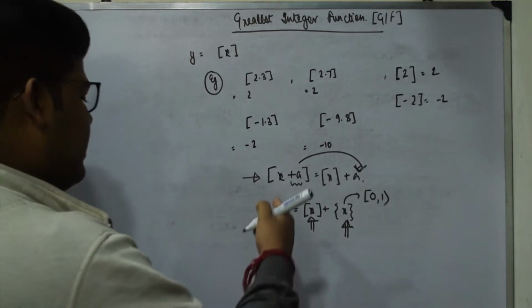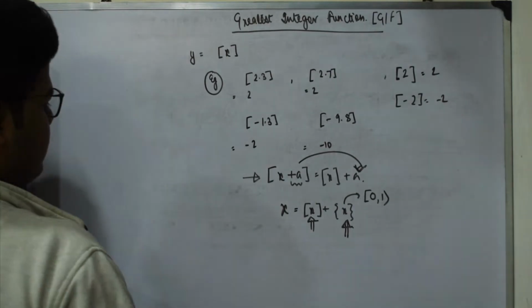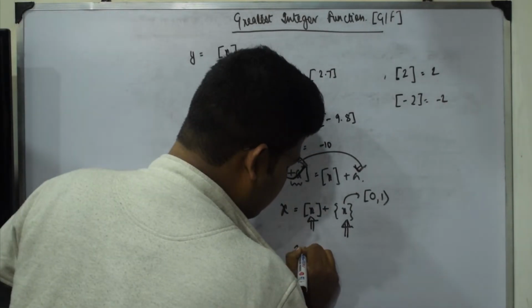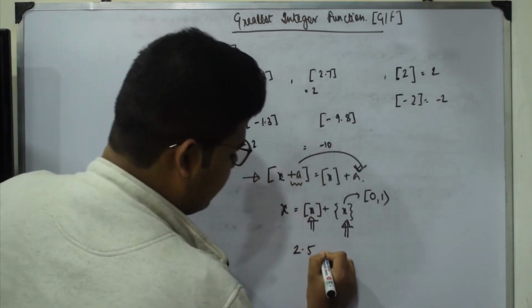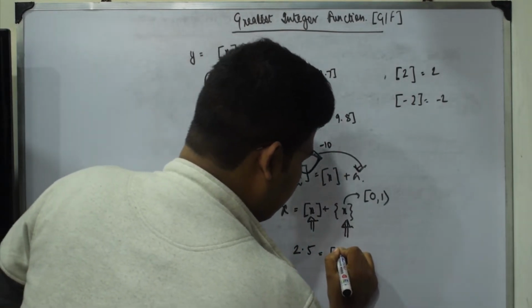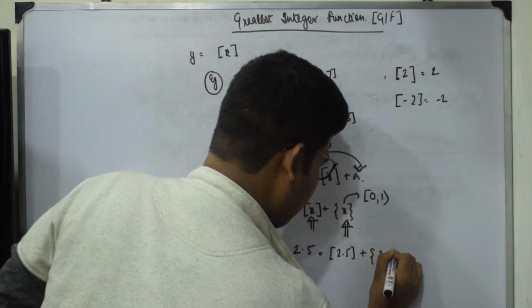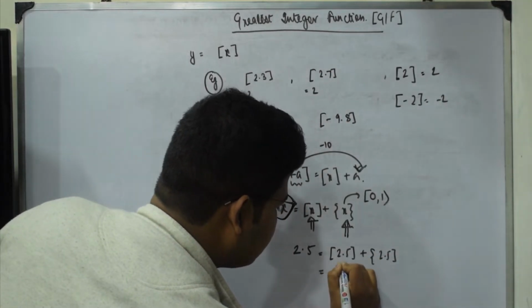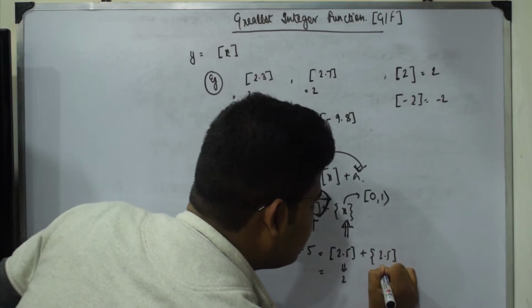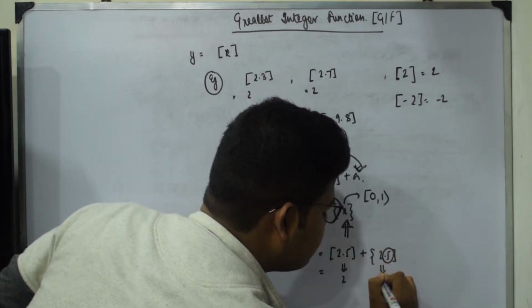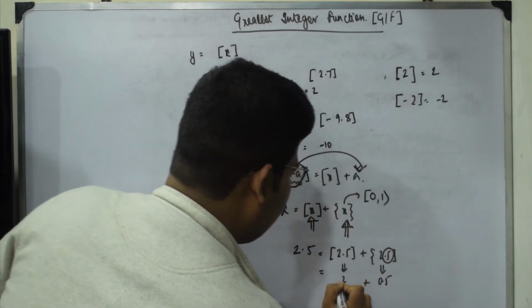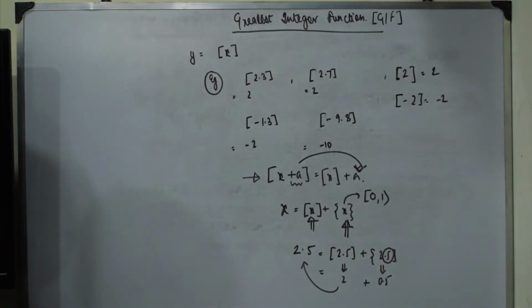And that returns an integer, as we all know. For example, 2.5 can be written as this will give us a 2, this will give us the fractional part, that is 0.5, which if we add we will land up here.